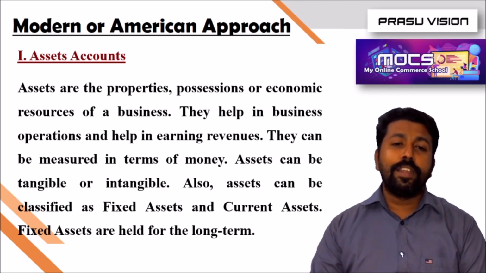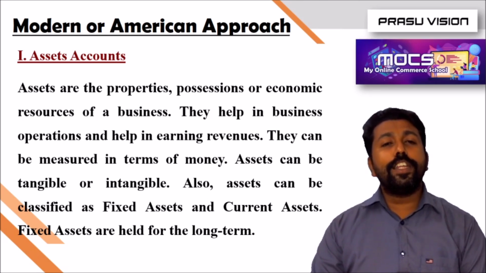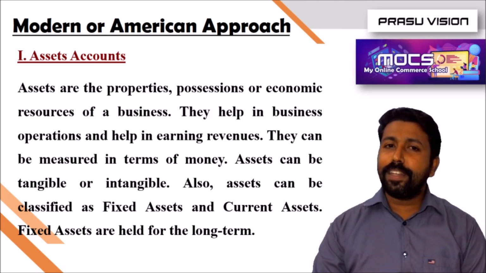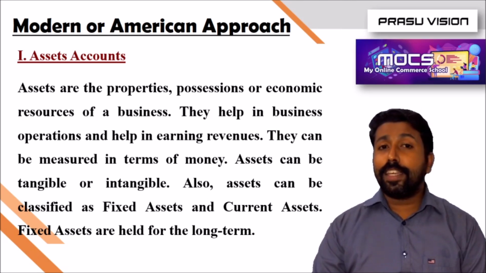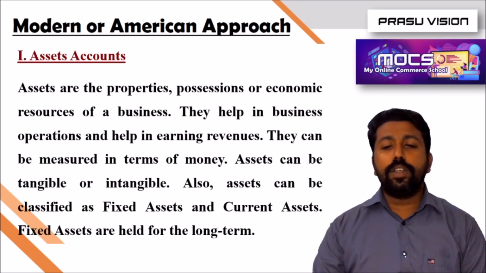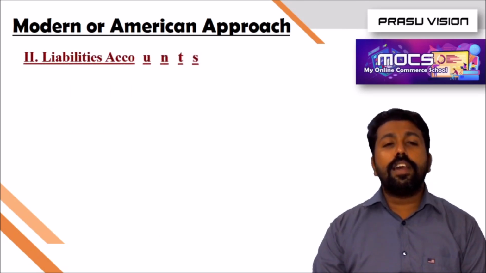So assets are classified into two categories: non-current asset and current asset. Non-current asset includes non-current investment, fixed asset. Fixed asset is again classified into tangible asset and intangible asset. So remember, the accounts which come under the modern approach: one is the asset account and the second one is the liability account.